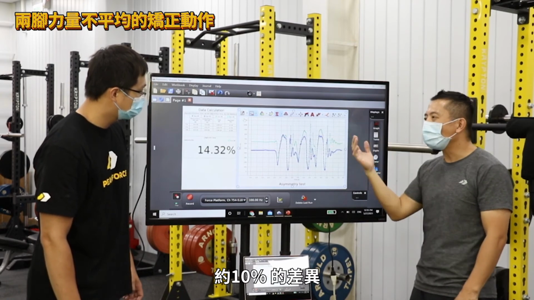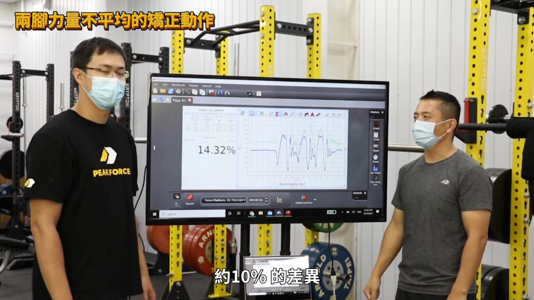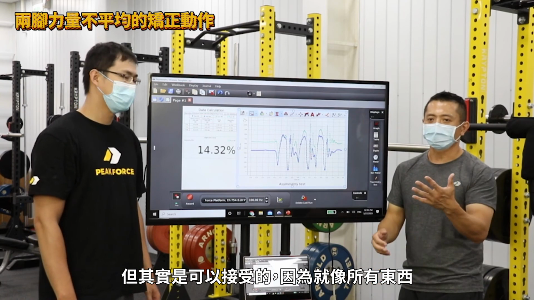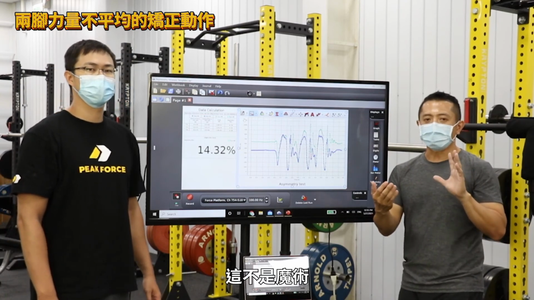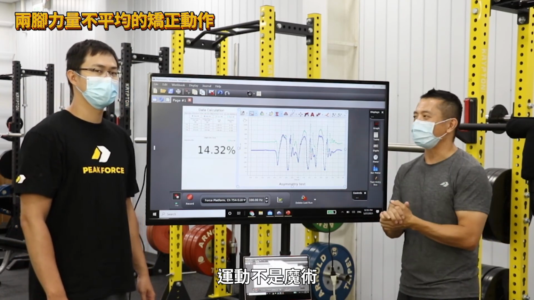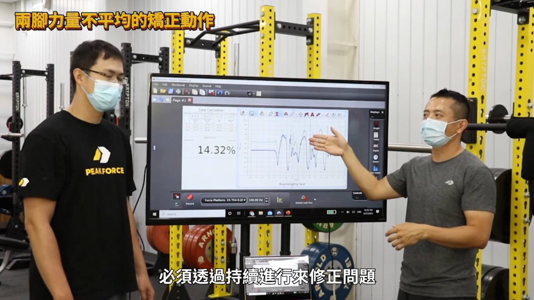Then the second and the third rep kind of go back to this gap. So you have almost about 10% difference between the two, which is okay because, just like anything else, exercise is not magic. You have to work as a process to fix this.